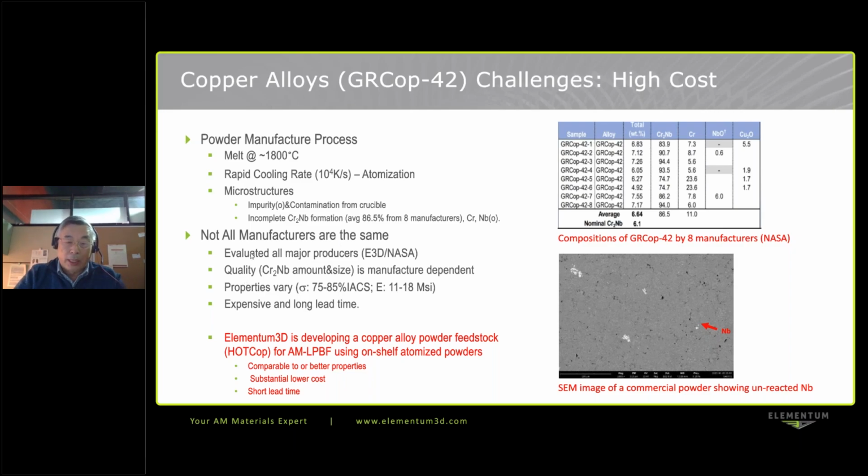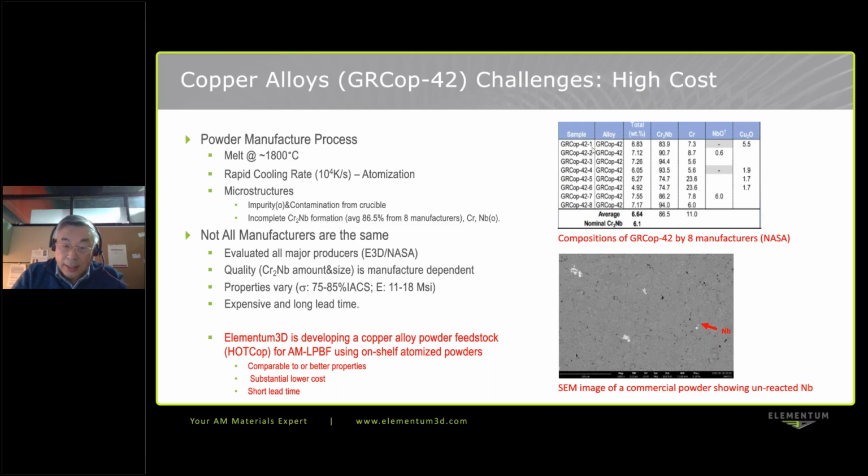What I want to point out here is that the quality of this product varies. There are quite a few commercial manufacturers making these powders, and not every manufacturer is the same. The quality really depends on the manufacturer. We evaluated quite a few of them, and NASA also evaluated some of them. This table was actually presented by NASA.